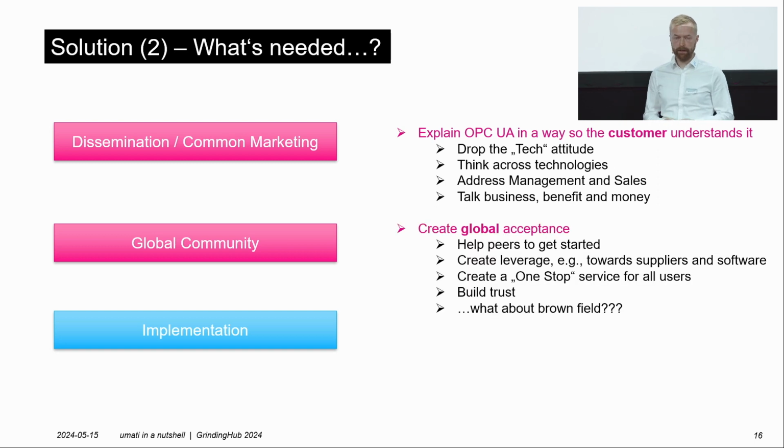Basically talking about the business solutions and the benefits of it. And by creating a global community, we want to increase the global acceptance of the standard. That involves things like webinars, hackathons, and generally getting together the manufacturers and users of OPC-UA.